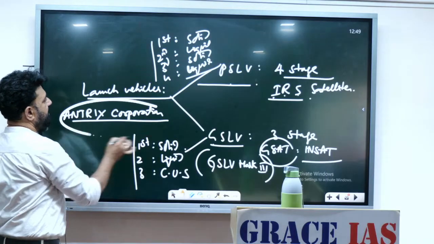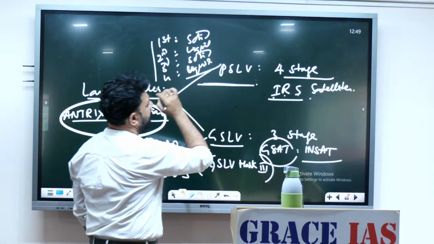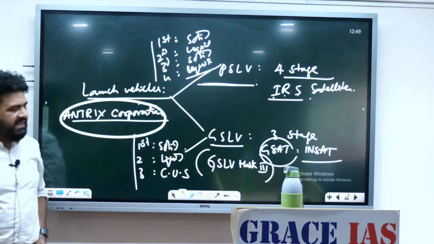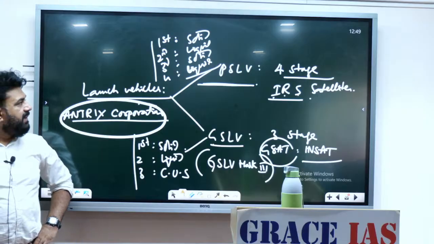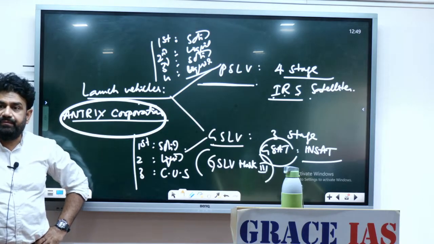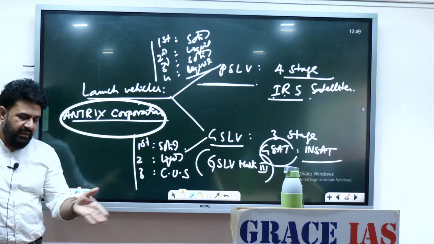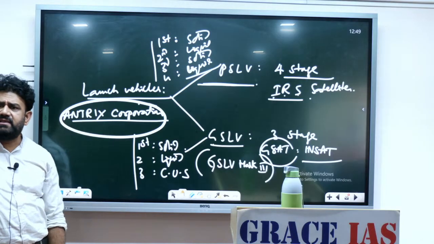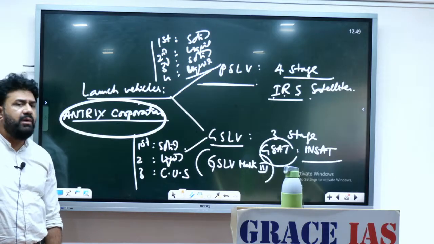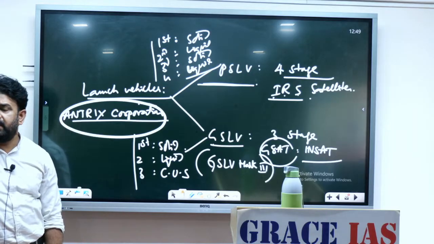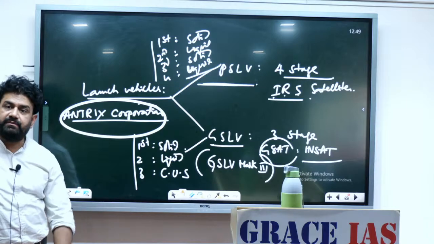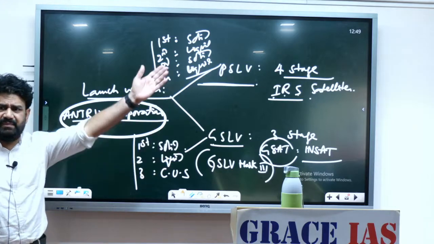So, because of the trustworthiness of PSLV with a very low failure rate, many countries approach India to launch their satellites. And in India also many universities launch nano satellites and micro satellites. They approach Antrix Corporation, and ISRO headquarters is in Bangalore, I think in Peenya or somewhere.